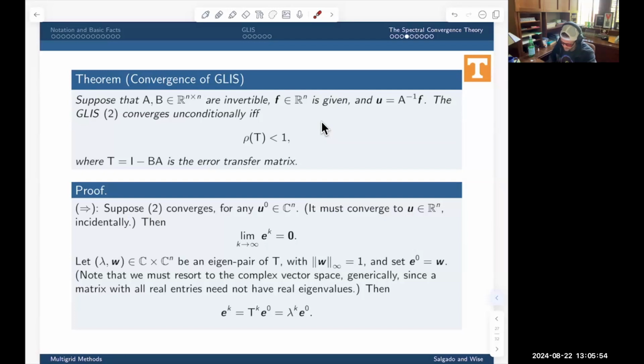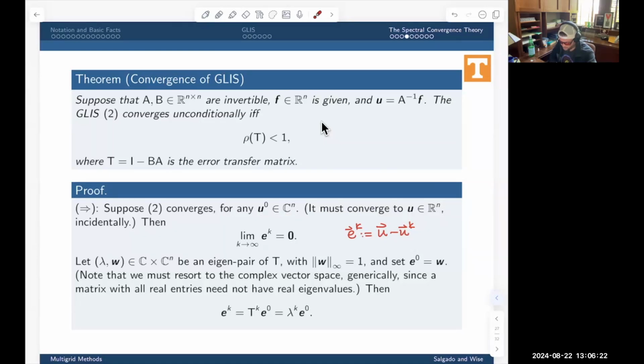We can show that, where EK is the error with respect to UK, so remember, EK is defined as U minus UK, that's how it's defined, we can easily show that this means that the limit as k goes to infinity of EK is equal to 0, regardless of where we start from.